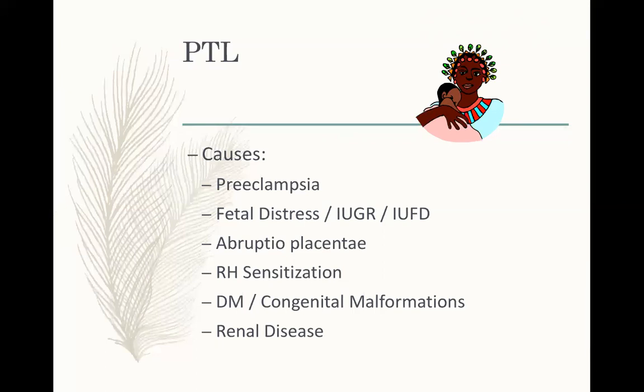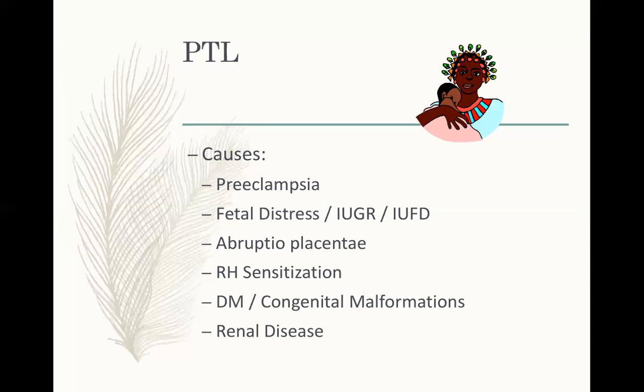Fetal distress is also a preterm birth situation, where the fetus is in distress and the baby's going to do better outside than inside. Sometimes we see that with IUGR, intrauterine growth restriction, and we might see what's called absent end diastolic flow, where the baby's heart is not pumping appropriately.